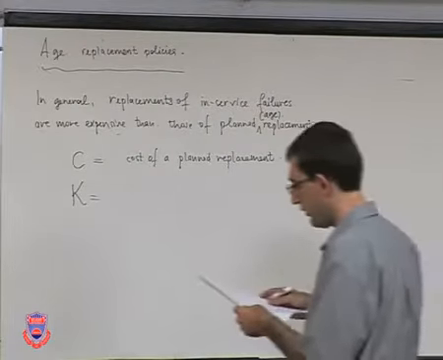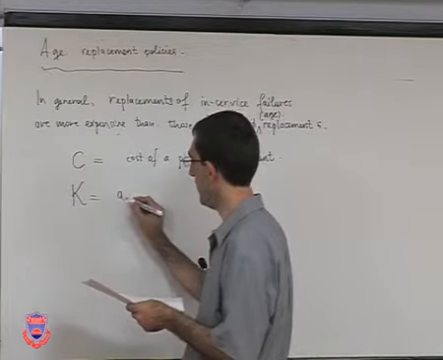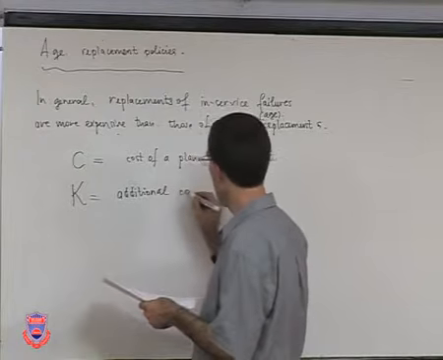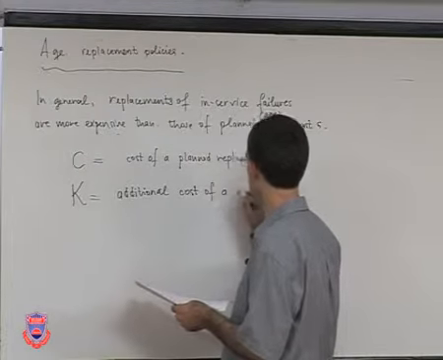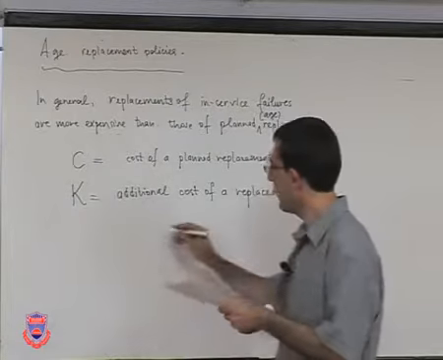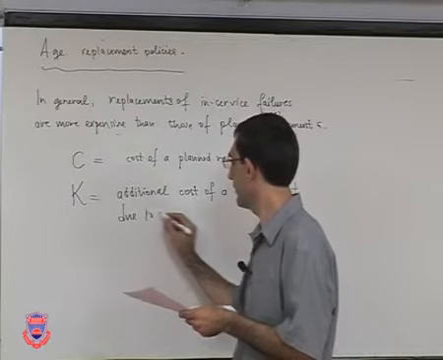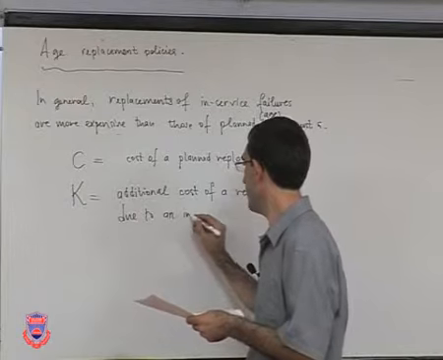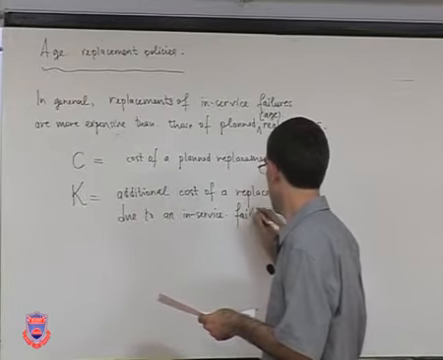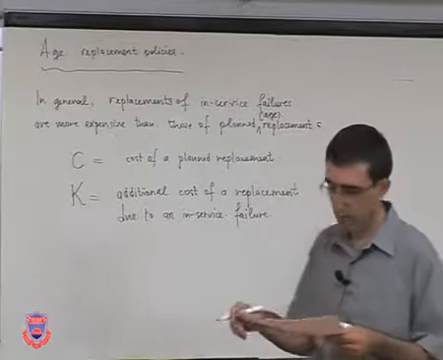So that is denoted by K, the additional cost of a replacement due to an in-service failure.